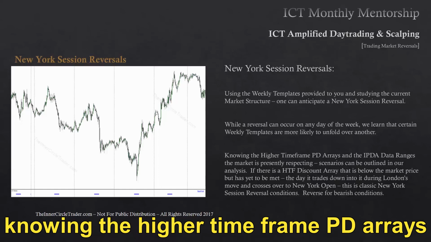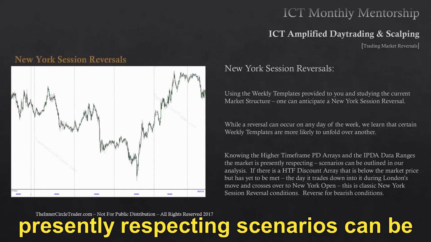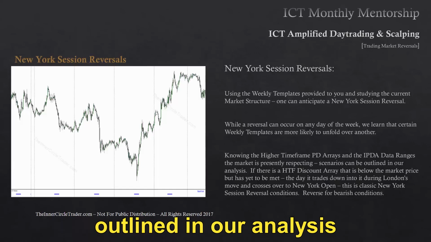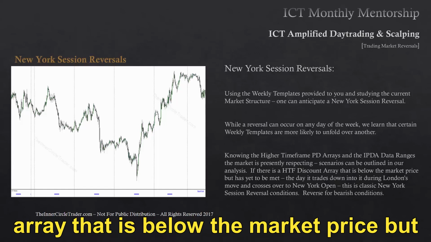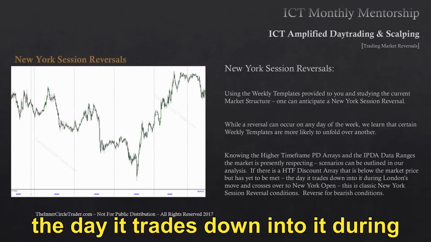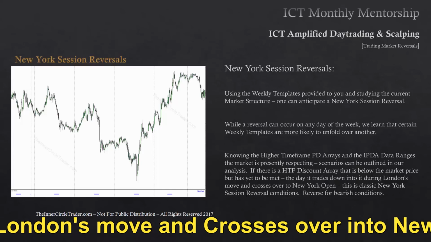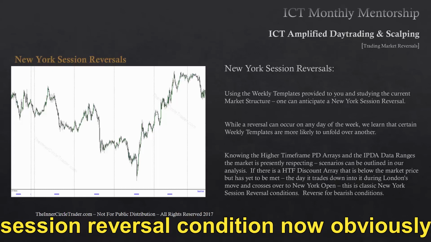Knowing the higher time frame PD arrays and the ICT data ranges the market is presently respecting, scenarios can be outlined in our analysis. If there is a higher time frame discount array that is below the market price but has not been met yet, the day it trades down into it during London's move and crosses over into New York Open, this is the classic New York session reversal condition.